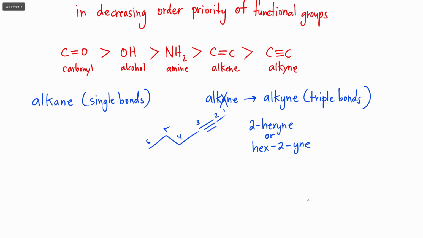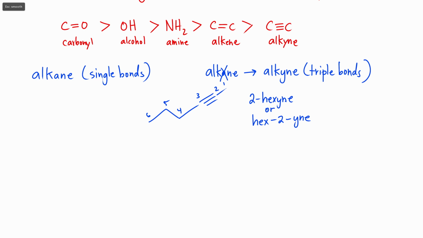All right, now do another example. And notice you have to get the geometry right. Notice that each carbon that's attached to the triple bond is linear.